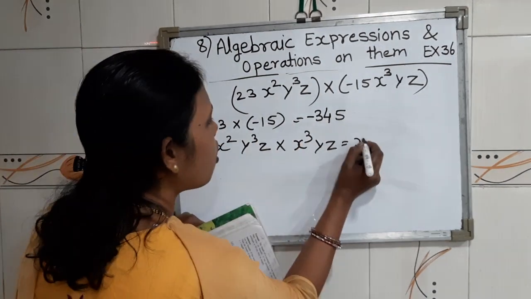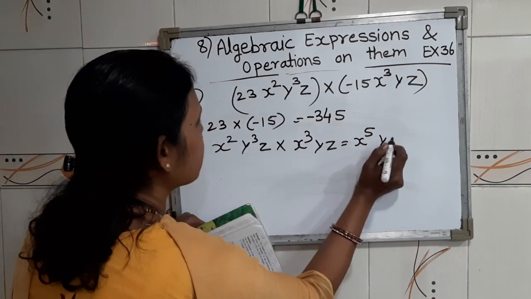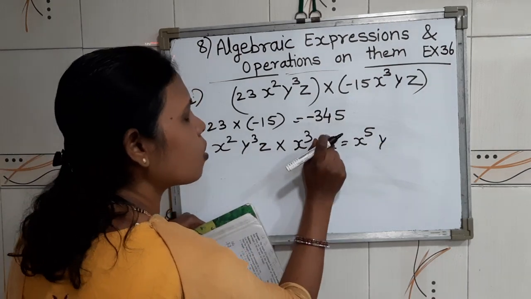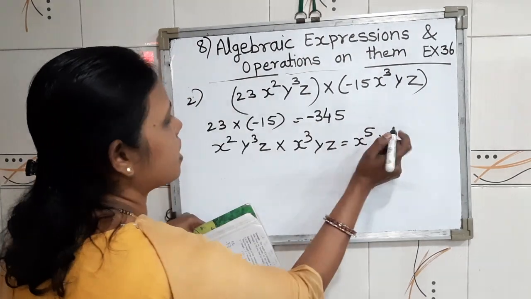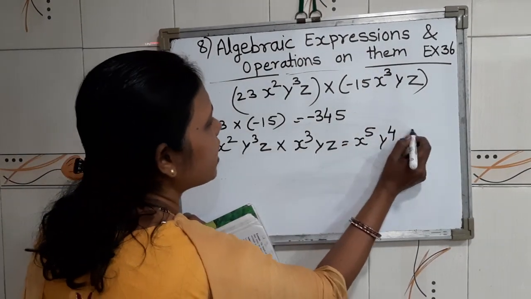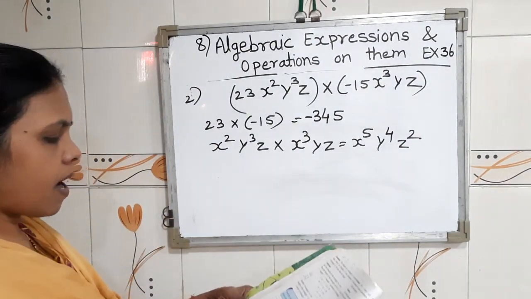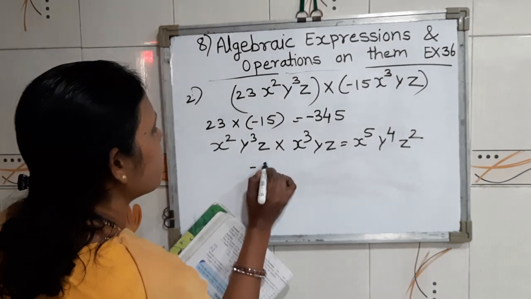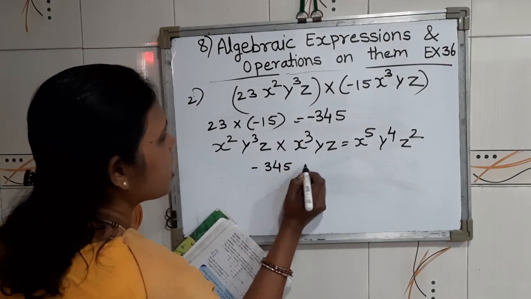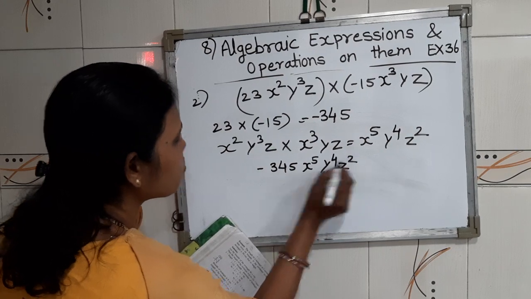Therefore add all x, that is 5. Then add all y, 3 plus here no number is given means 1 is there. Y 4, z 1 and here also 1. Therefore z square. Means your overall answer is minus 345 x cube y 4 z square.